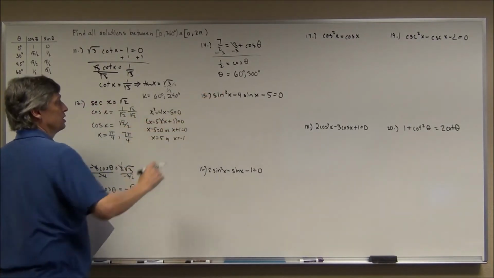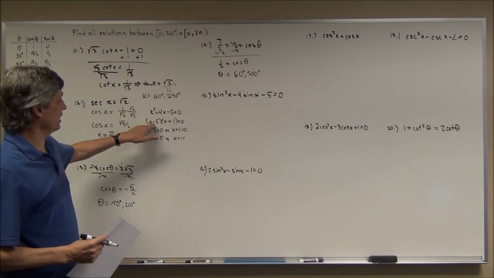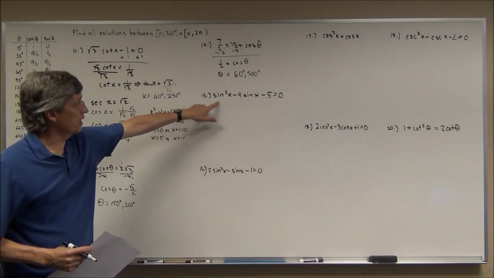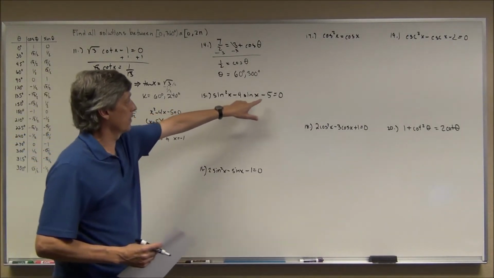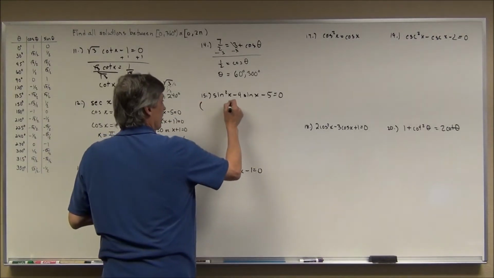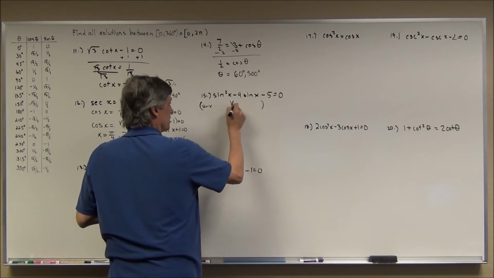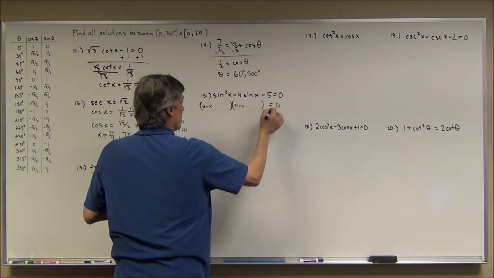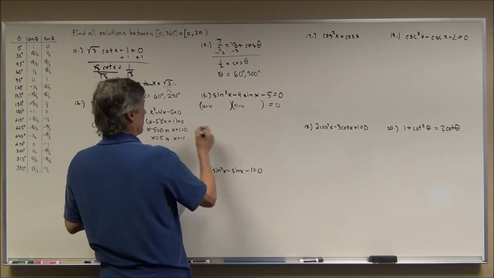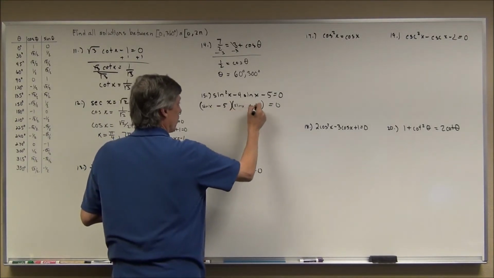We're going to approach it the same way. It's just that instead of an x and an x, we have sine of x squared minus 4 times the sine of x minus 5. So I'm still going to factor it. It's just not going to be an x and an x. It's going to be a sine of x and a sine of x. And I'm going to need, just like I had up back here, a minus 5 and a plus 1.